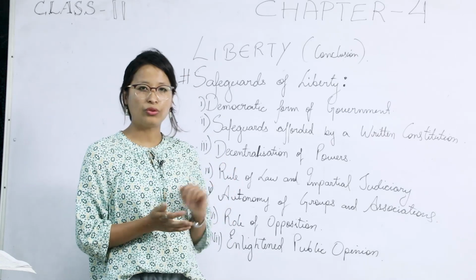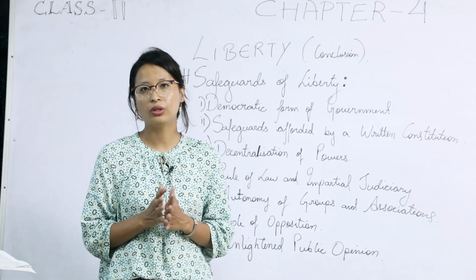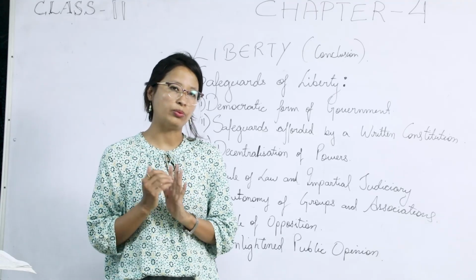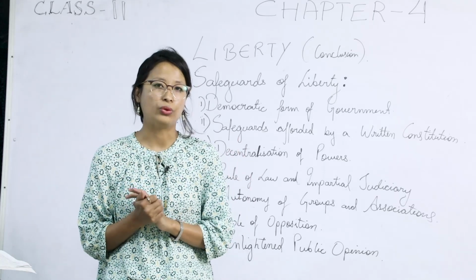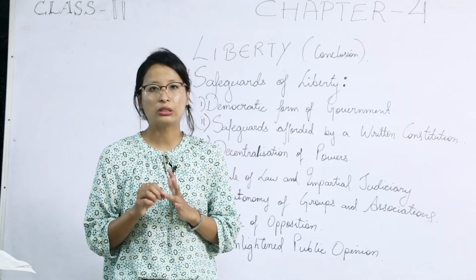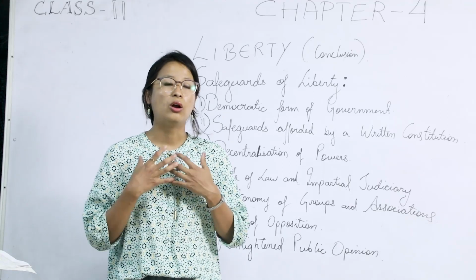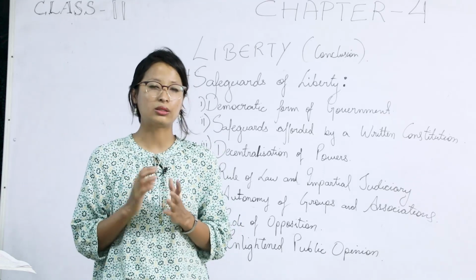But a democratic form of government gives freedom to the people. Under a democratic form of government you have your right to vote, to participate in the elections, to criticize the government, and to raise your voice against laws that are not in tune with the state.